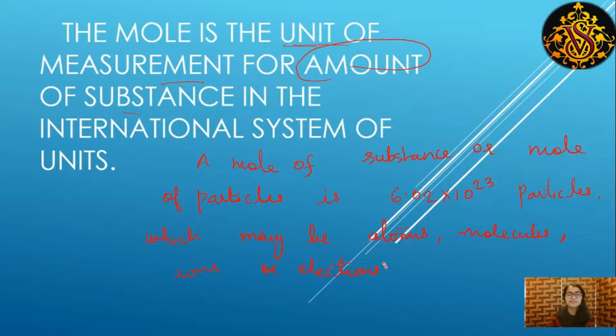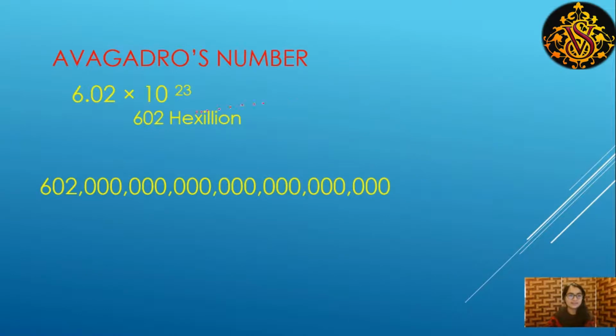Clear? So this is mole. The mole is the unit of measurement for amount of substance, and it is defined as 6.02 into 10 to the power 23. And this is Avogadro's number.